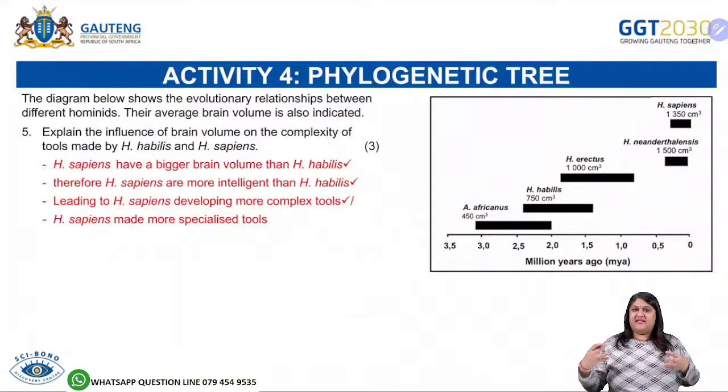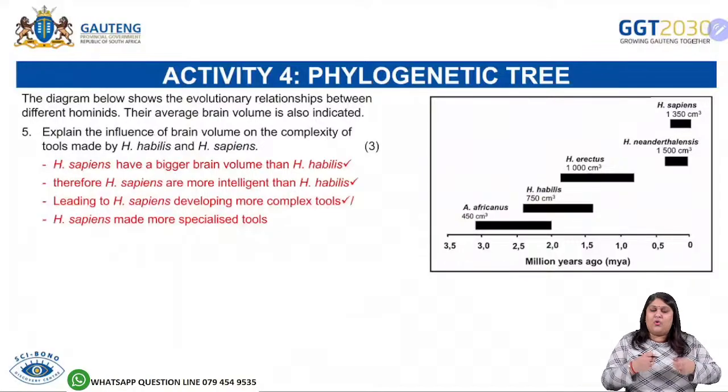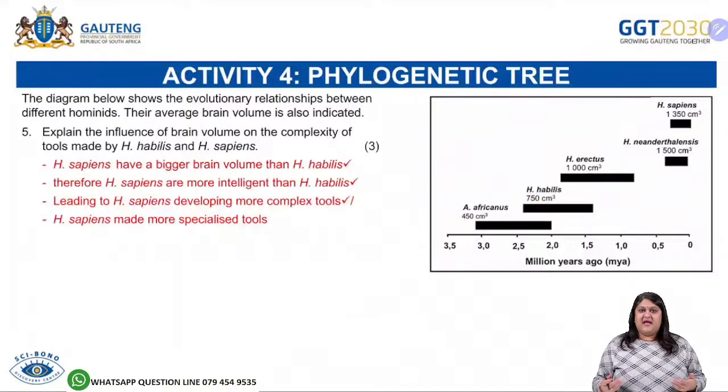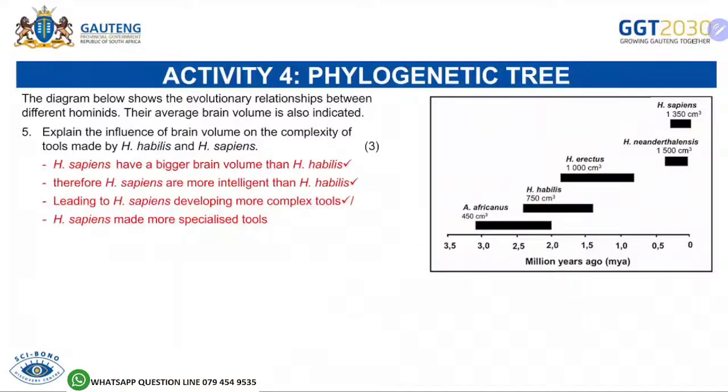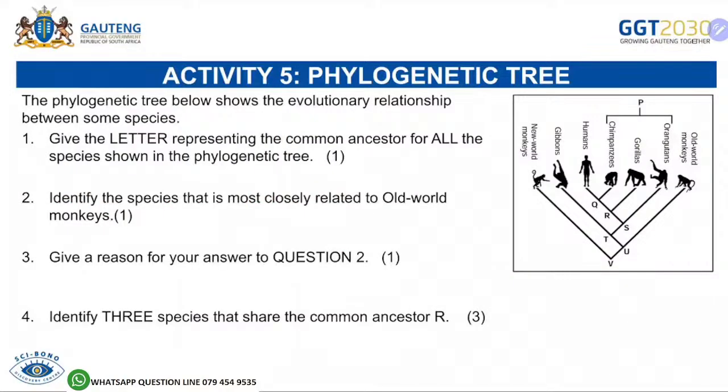They had an increase in brain size, and everything that they did also became more complex. The tools that they used, everything that they did, all the interactions they had with people, everything changed over time. So what I need you to understand is that the further back we go, those were the more primitive species. And as we come more to the present day, we have the more progressive species.